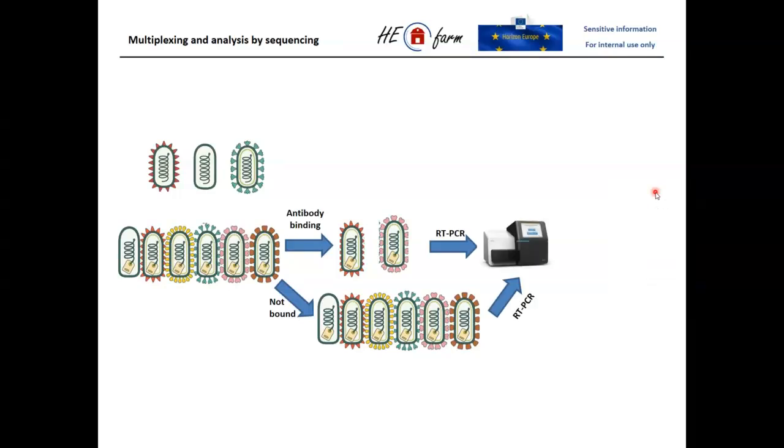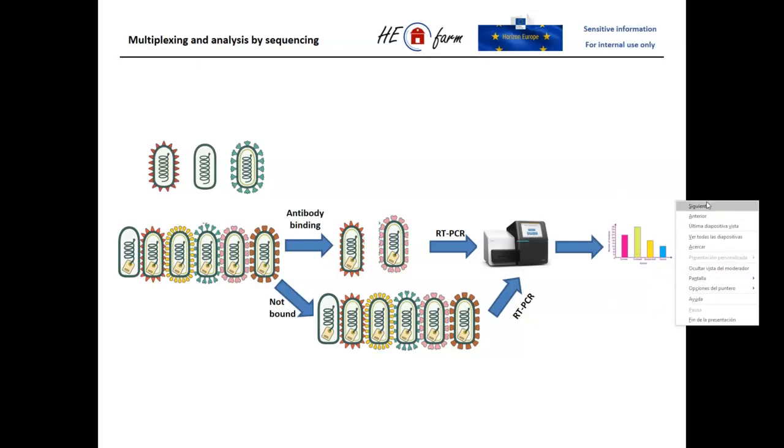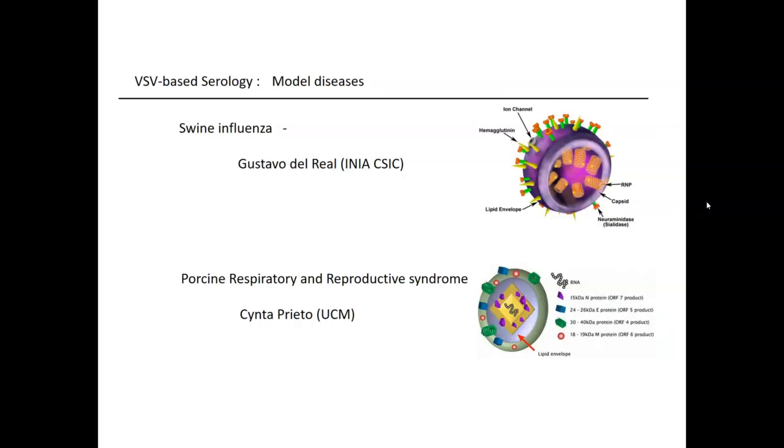Then these virus pools would be read by doing RT-PCR of the mixture and then subjected to massive sequencing. Hopefully, the readout of this mixture will give us binding activities to the antibodies.